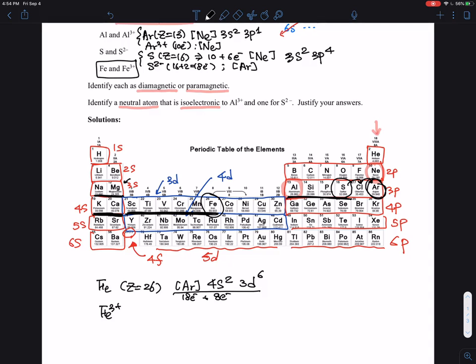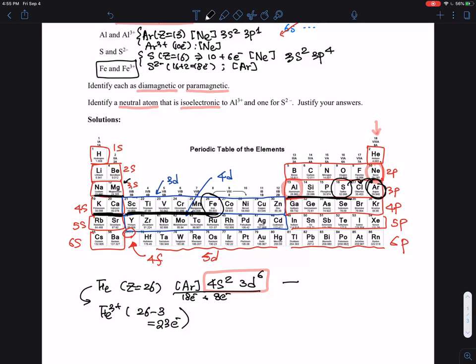Now we're looking at the situation where we are losing 3 electrons, 26 minus 3, so that you have 23 electrons. Now the question is, which electron do you want to lose? I am going to draw the orbitals.